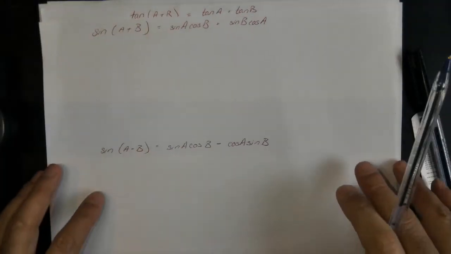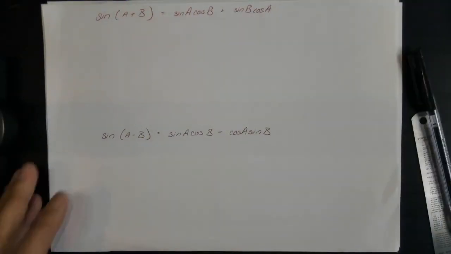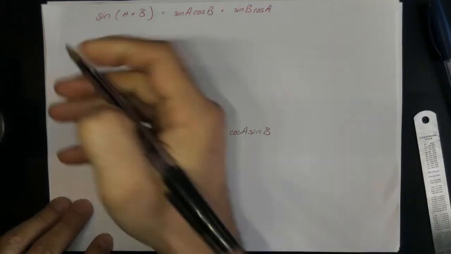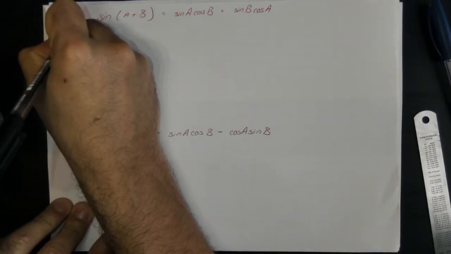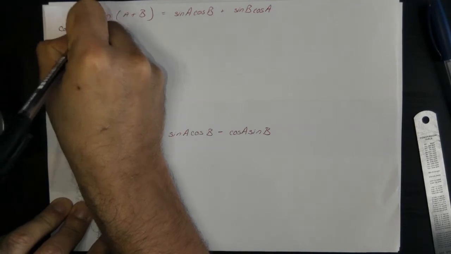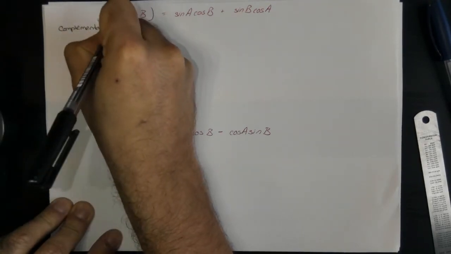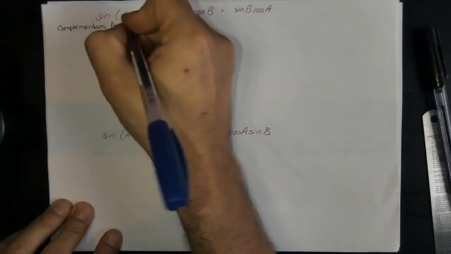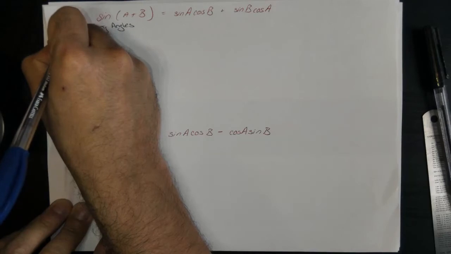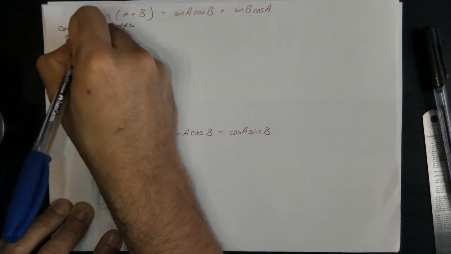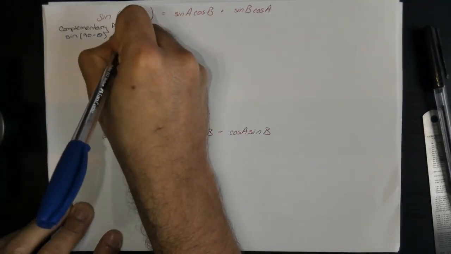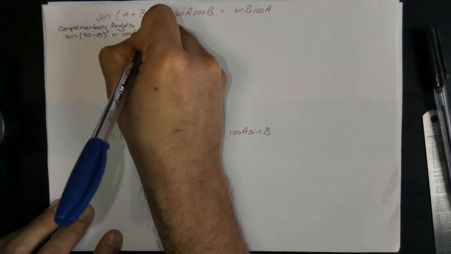Okay, now we're going to do sine A plus B. Now we know that, using our complementary angles, cos is 90 minus theta.